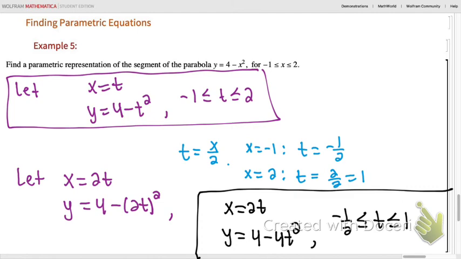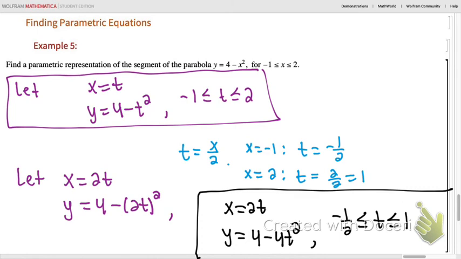And when x is 2, that means that t has to be +1. So again, we have infinitely many different parameterizations that we could choose for that parabola. It's just that each parameterization is going to give us a different range of t values.